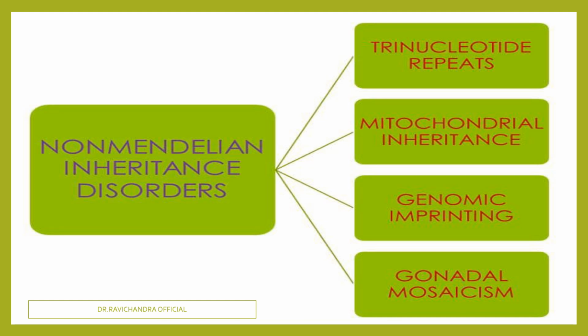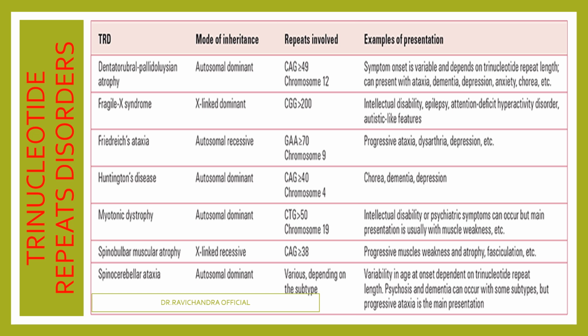Coming to non-Mendelian inheritance disorders, these include trinucleotide repeats, mitochondrial inheritance, genomic imprinting, and gonadal mosaicism. Trinucleotide repeat mutations can be autosomal dominant, autosomal recessive, X-linked dominant or X-linked recessive.